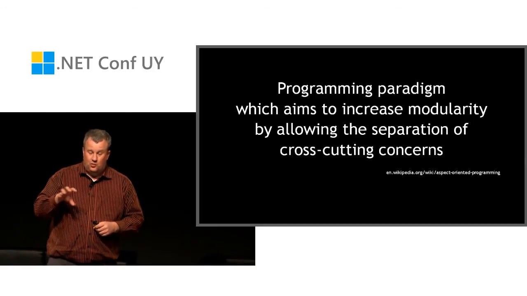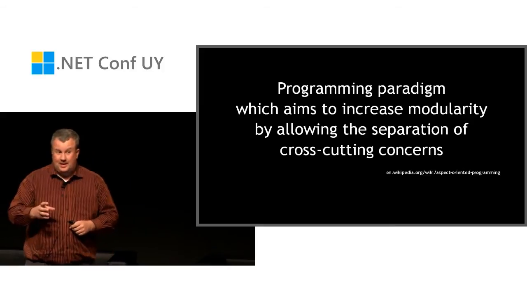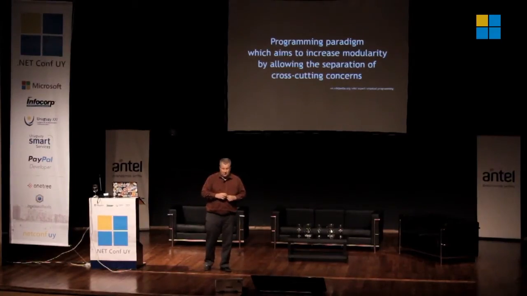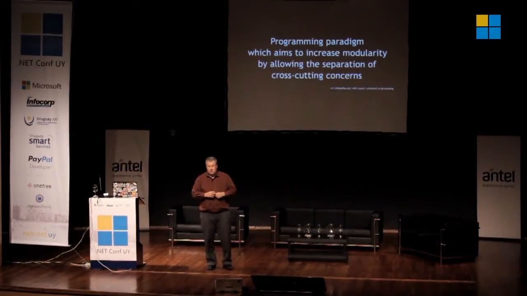So you're able to write what we call aspects that do specific things. The most common one people talk about is logging. So you can write a logging aspect. Now you've got a nice modular piece that you can replace or change without affecting a massive amount of your code base. So that's what aspect-oriented programming is going to give us.